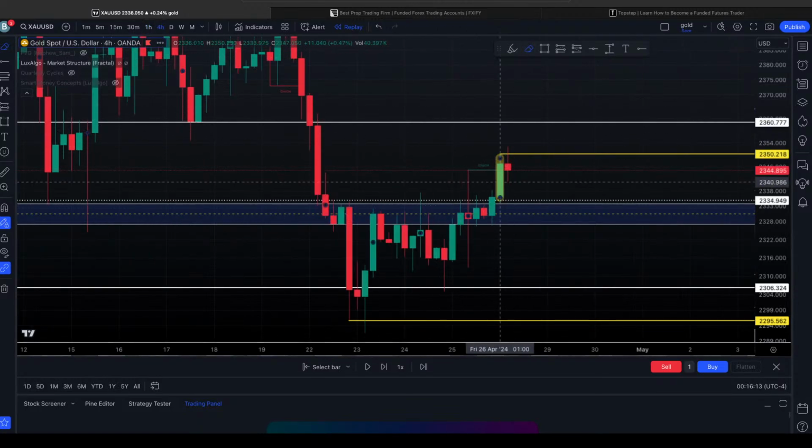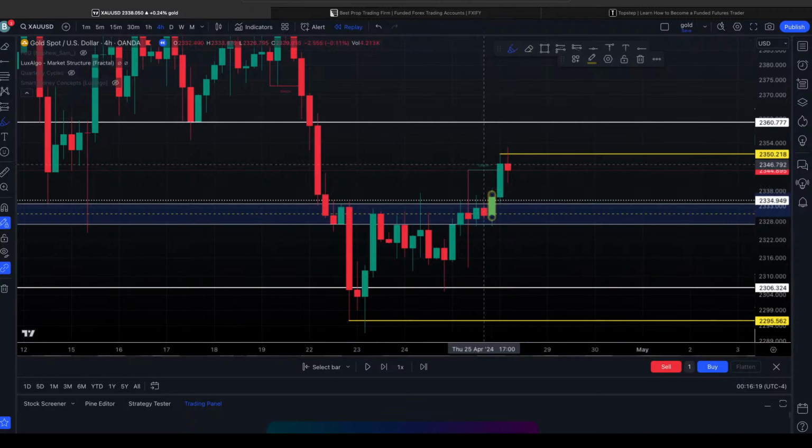As you can see, we did close above there with this guy, but this next candle ended up closing bullish again. It was up until this next candle closed bearish that gave me this information.